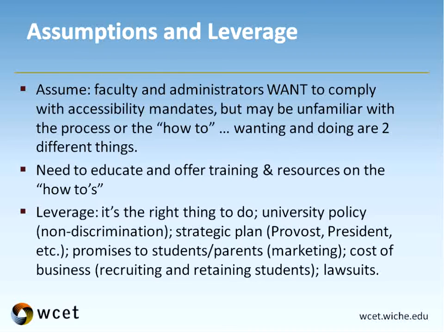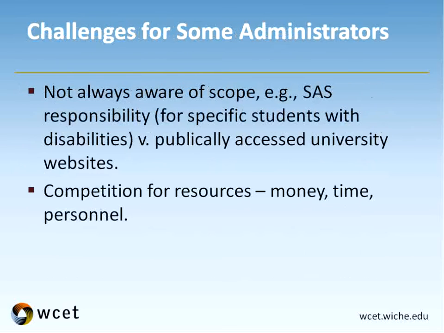It's the right thing to do, but it is good business sense. And the last thing is lawsuits. Unfortunately, three Ohio institutions have recently been either cited by OCR or found to be in violation of EIT compliance. And so those are pieces of information that we can bring to the fore with our administrators and again provide some leverage.